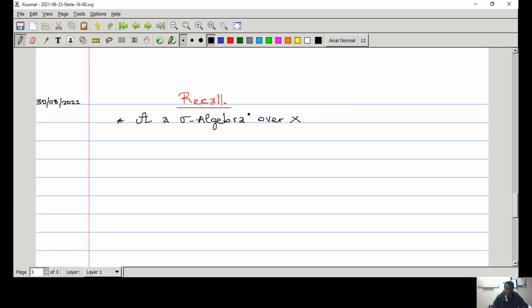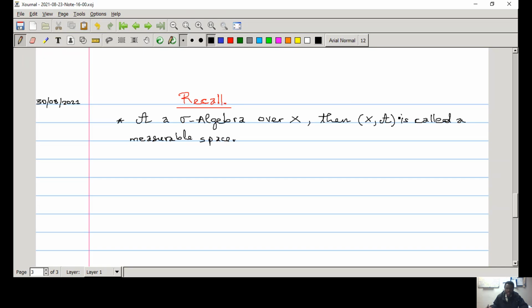Let's take A on X. Then this couple, that is X endowed with the sigma algebra, is called measurable. Measurable, meaning that you can put a measure or you can measure it. It's a measurable space.